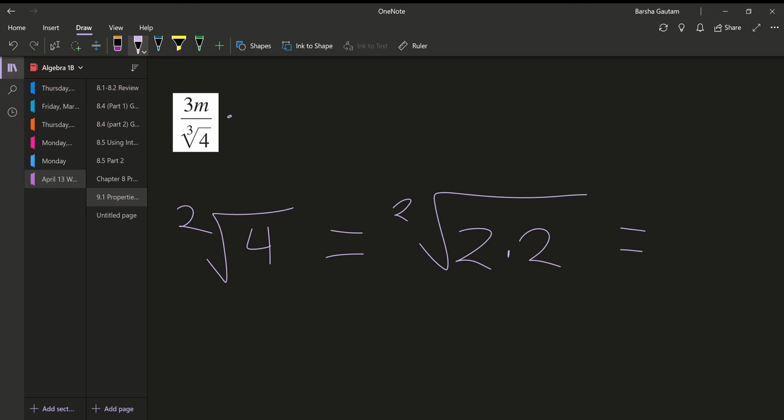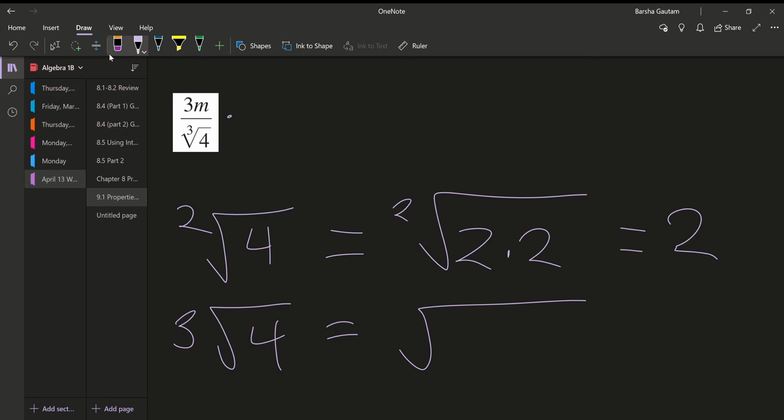But if we want to find the cube root, how many times do you think we would need to have 2 to equal something in here? In this case, it wouldn't be 4. It would be something else, right?